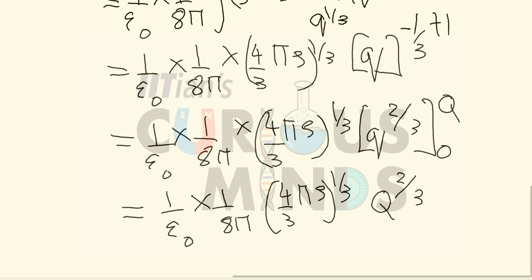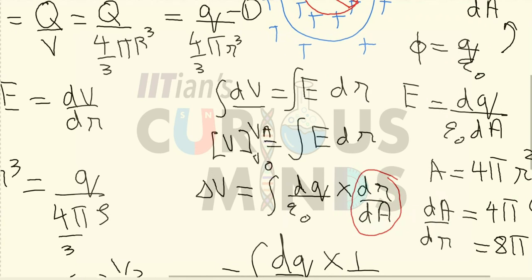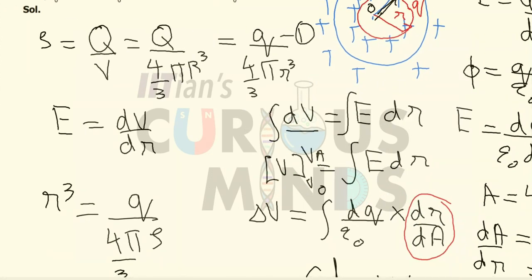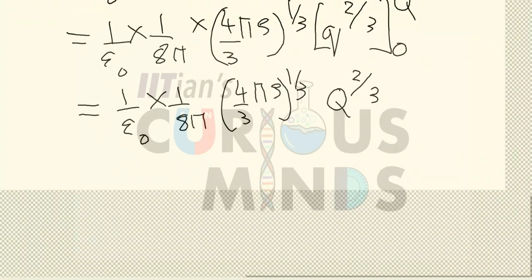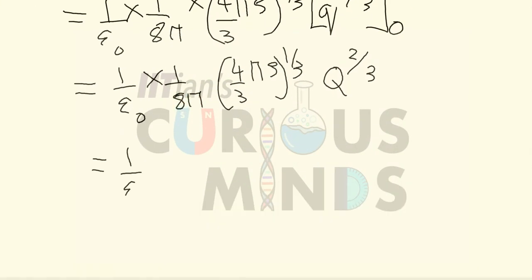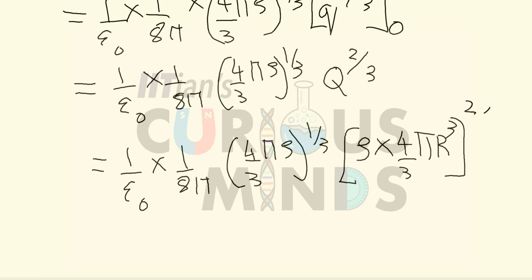Now what is the relationship between q and r over here? q can be written as rho into 4 by 3 pi r cube, the whole raised to 2 by 3.